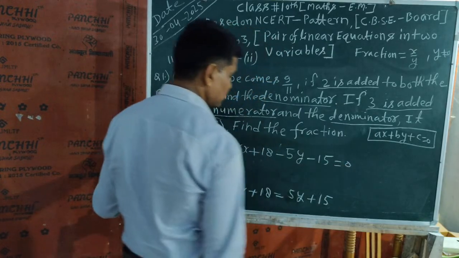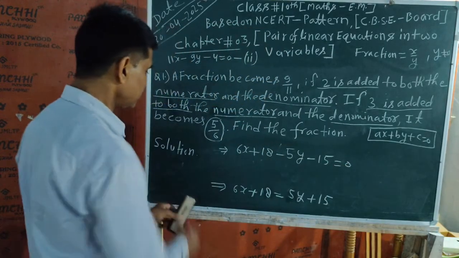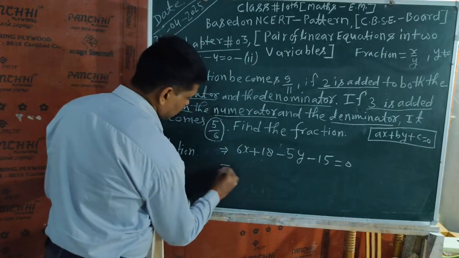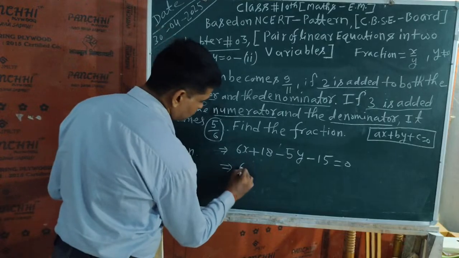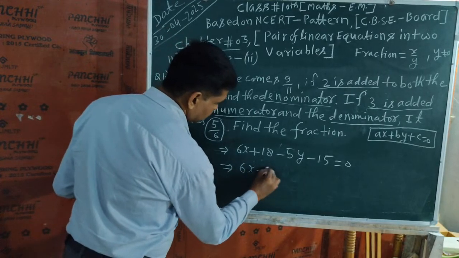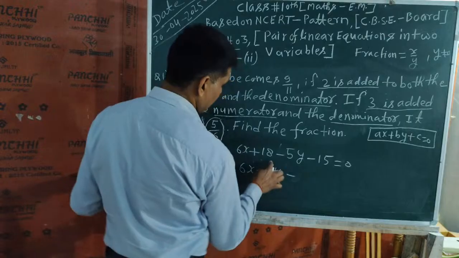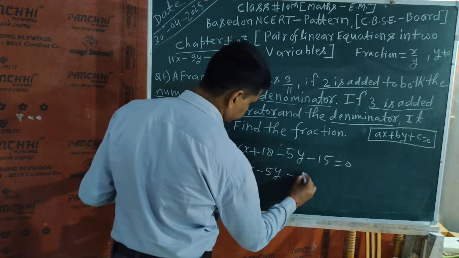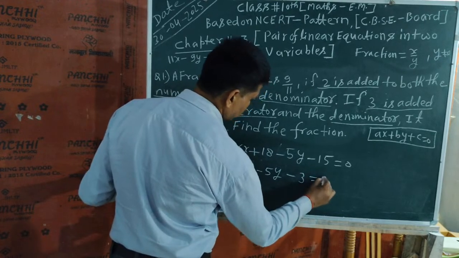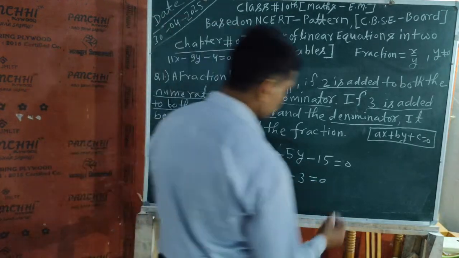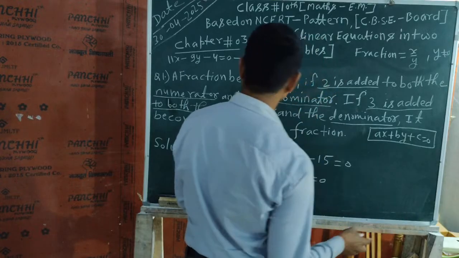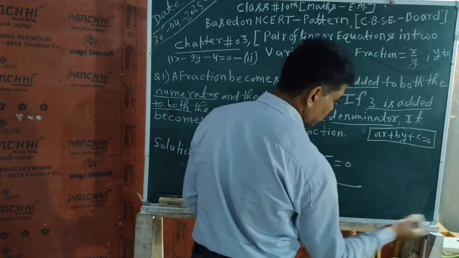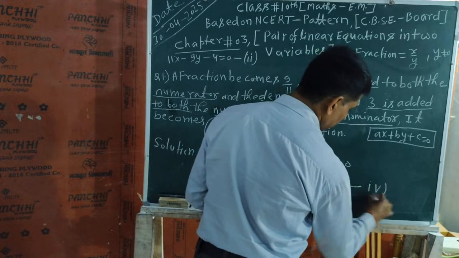Okay students, again I will simplify: 6x minus 5y, and 18 minus 15 is 3, which is equal to 0. Previously I assumed equation numbers; the earlier equation was equation number 3, so this will be equation number 4.